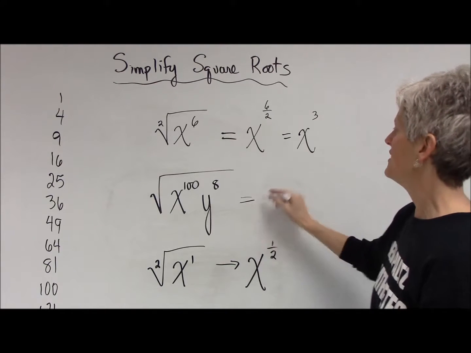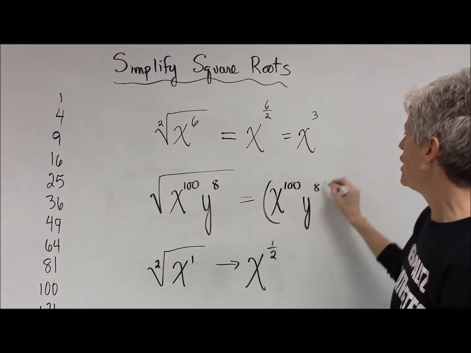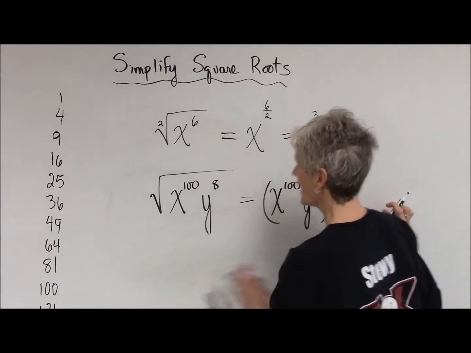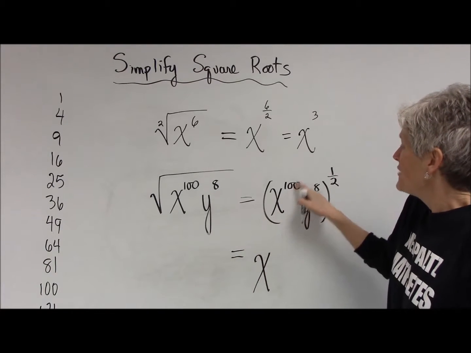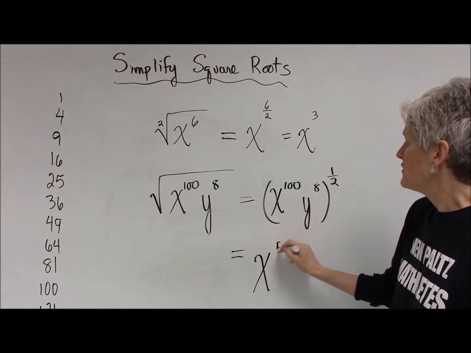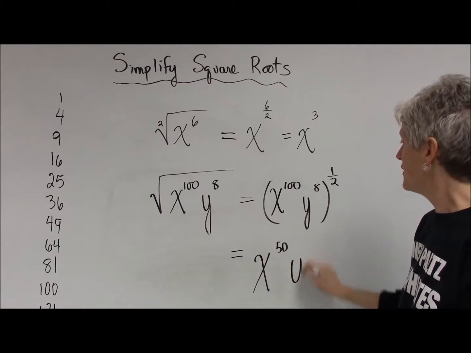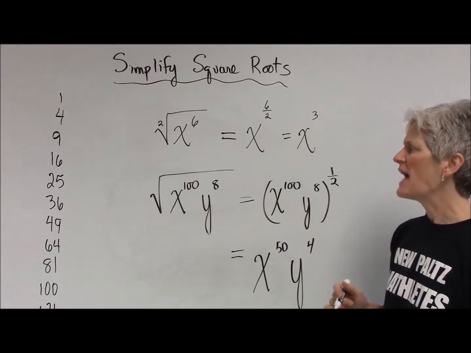I could rewrite this as x to the 100th times y to the 8th, all raised to the 1/2. We know when we're raising a power to a power, we multiply. So that's 100 times 1/2, which is 50. Y to the 8 times 1/2, which is 4. So you can think about it that way.